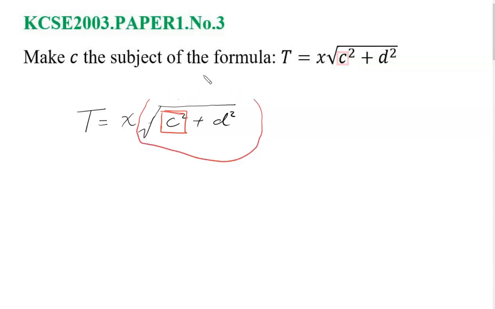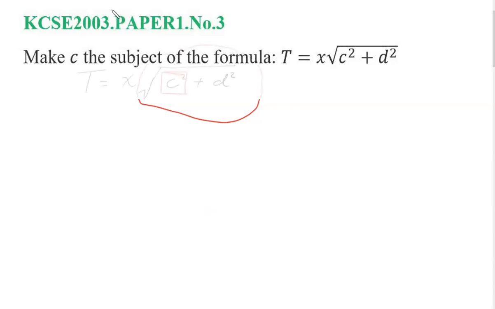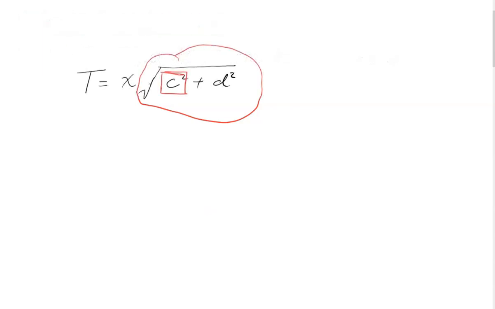So we need to undo all this so that we eventually remain with C alone on one side of the equation. To start us off, we're going to divide the right hand side of this equation by x so that we remain with only the square root. T equal to x root C squared plus D squared.